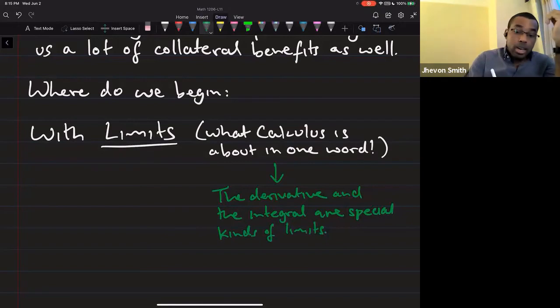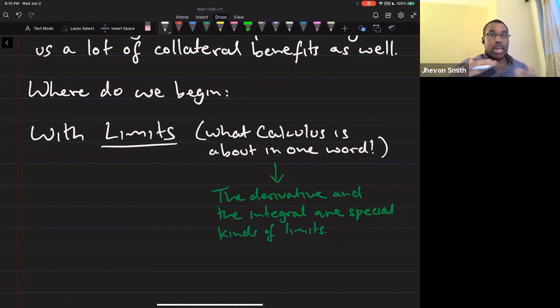How we're going to define these objects, we're going to actually define them as limits. And so it all boils down to a singular concept. The fact that these two are connected kind of tells you that they come from the same thing. So it turns out they all branch out of this study of something called limits. And so that's where we're going to start. We're going to start studying limits.